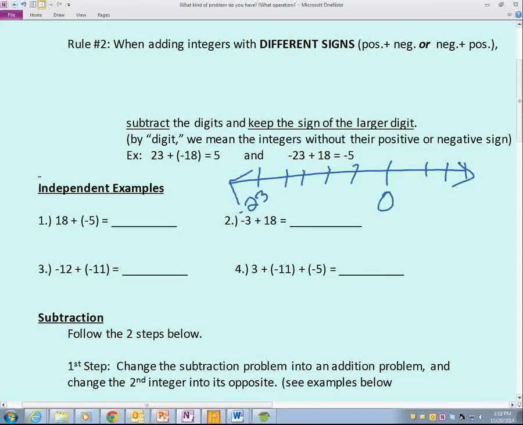We're adding a positive 18, so are we going to be going to the right or to the left? We're going to the right because it's a positive number. So we're going this way 18 times, and we end up at negative 5 because 23 has a higher absolute value than 18. So we know that it's going to be negative. Okay, you with me?